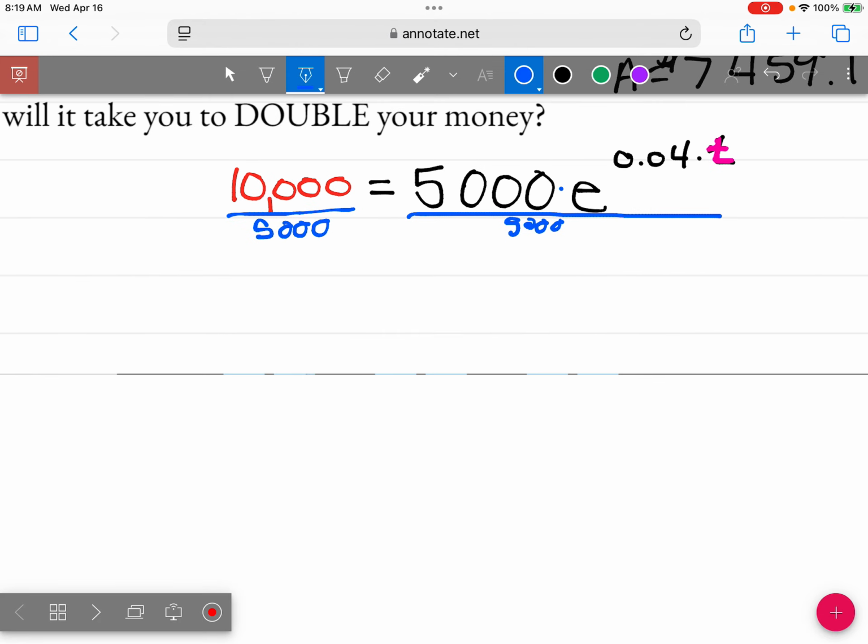I'm going to zoom in a bit because it's getting hard to read my handwriting since I'm writing tiny. So 10,000 divided by 5,000 gives us 2 equals e to the 0.04 t. What can we do from here?